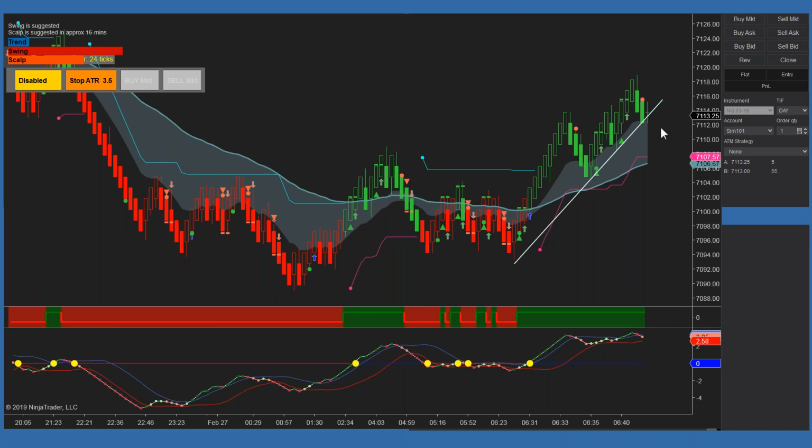Well, we're thinking about it. You know, if I saw another full bull bar here, I would be very tempted to short right at this point.